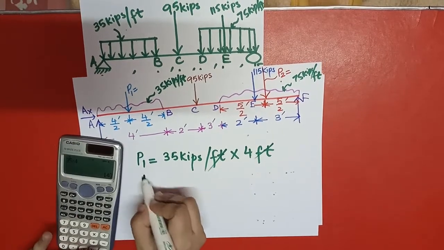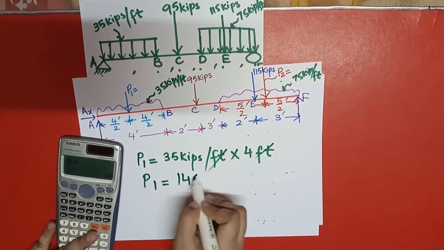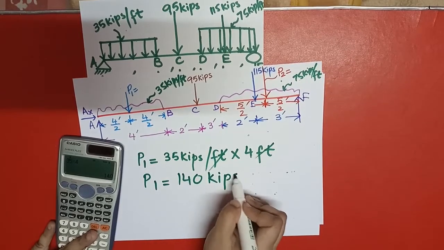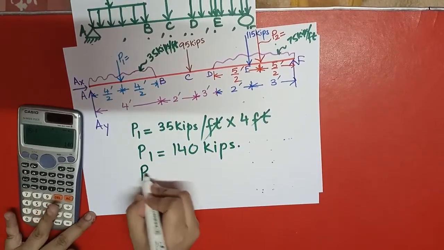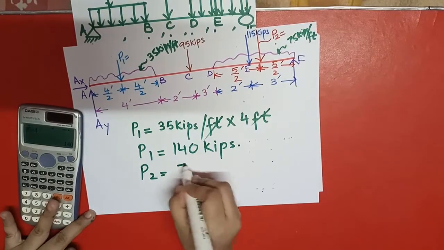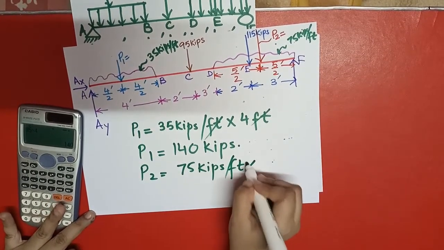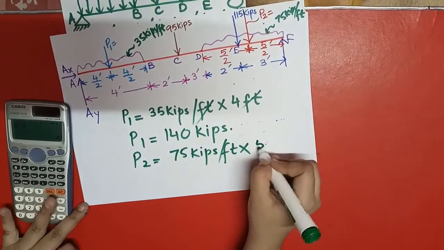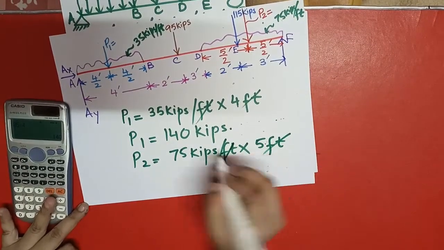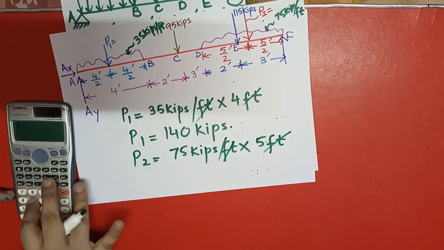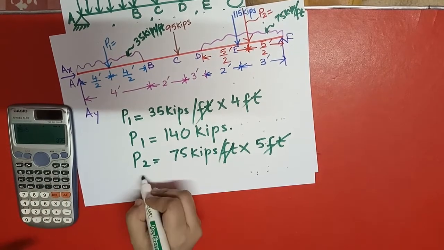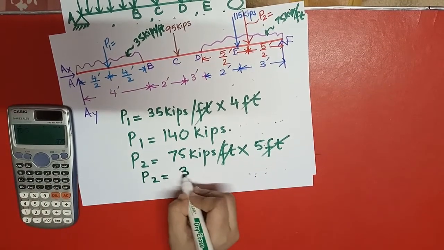So P1 is equal to 140 kips. And what about P2? P2 is 75 kips per foot and its total length is 5 feet. So feet cancel. So I have to multiply 75 into 5. So it is coming out to be P2 equals 375 kips.